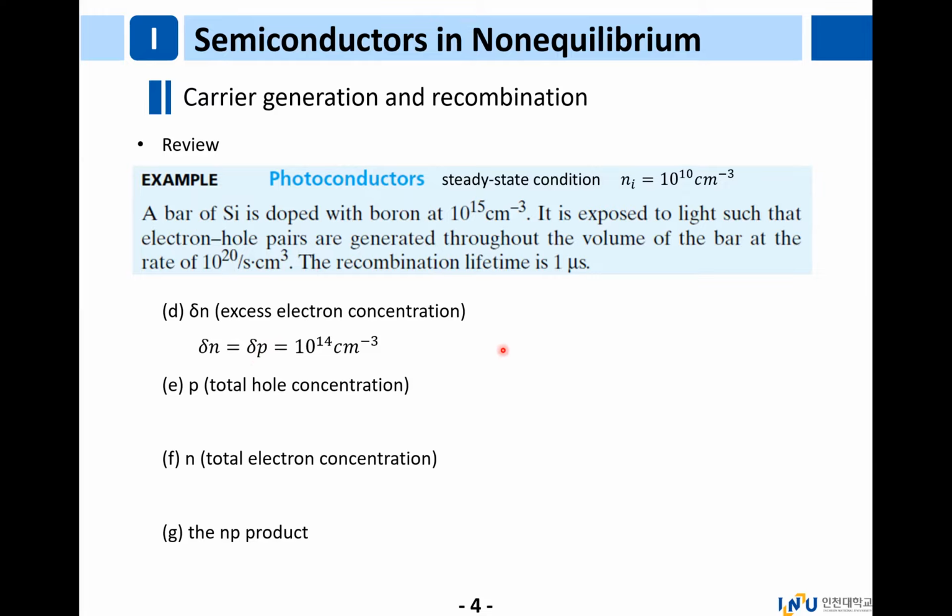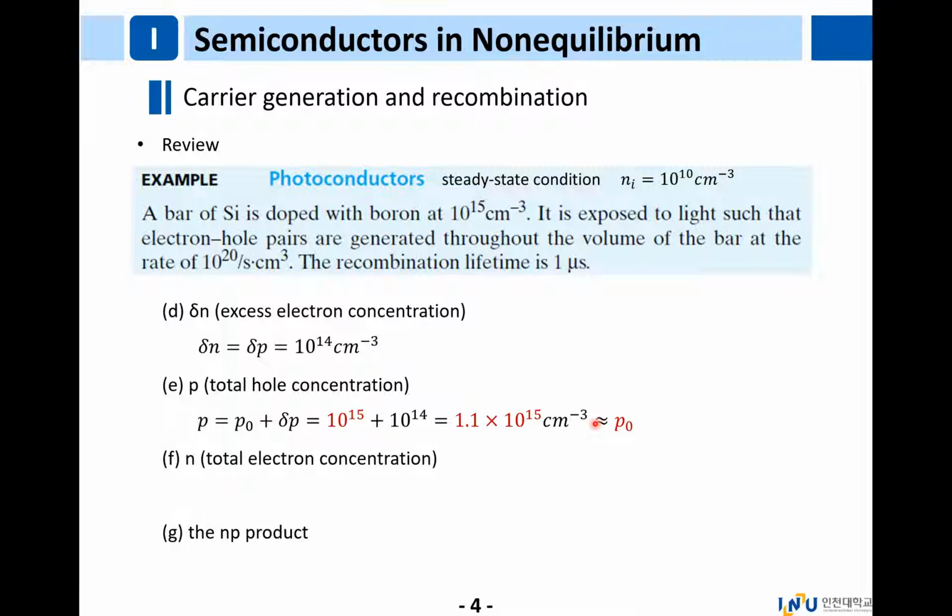And next, the total hole concentration will be obtained by adding the excess holes to the original thermal equilibrium concentration. So in comparison to p0, we can observe that there is not a significant difference. So this situation is referred to as low-level injection.